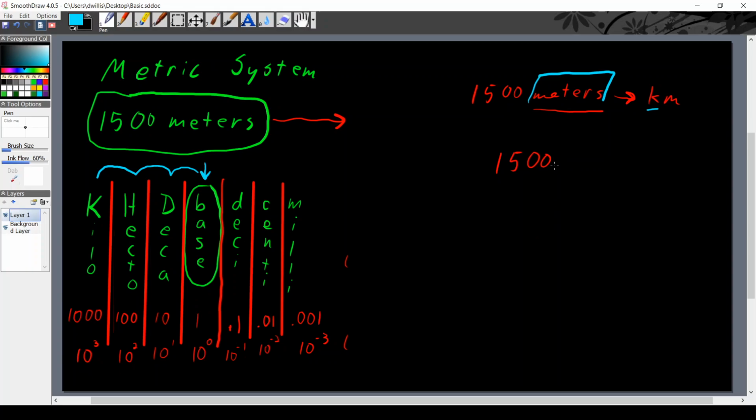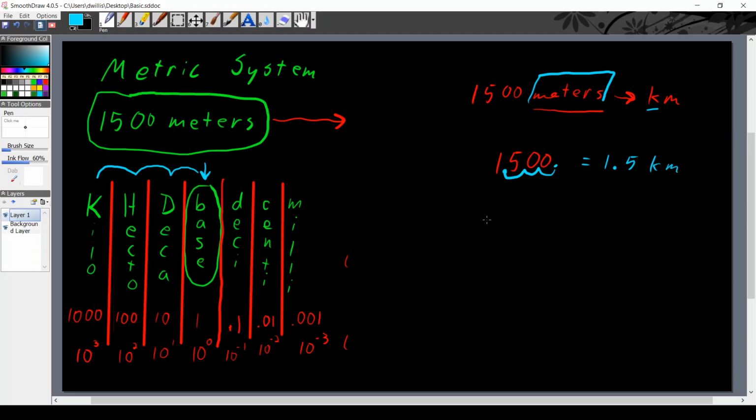So I'm going to take my decimal that I know exists there and hop it 1, 2, 3 spots, and then I'm left with 1.5 kilometers.